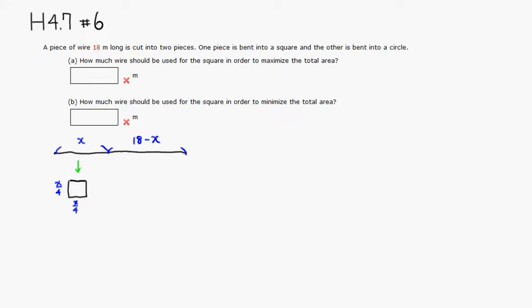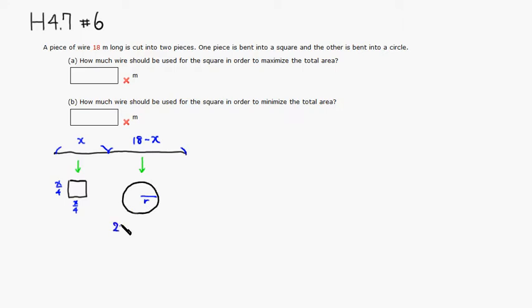Then we're going to use the rest of the wire to form a circle. So we're going to have a circle here. Then the radius, let's say the radius is r.